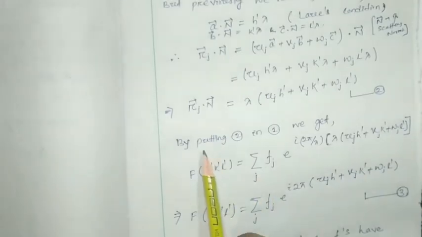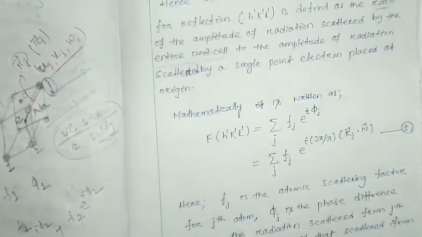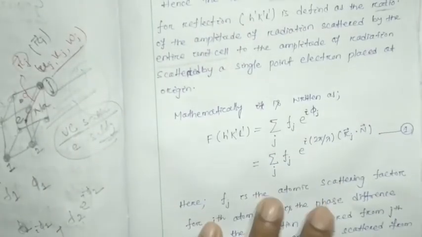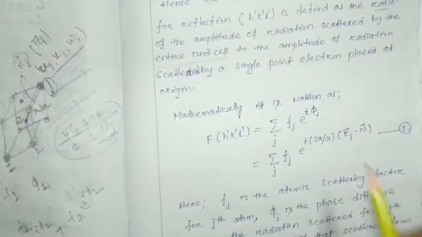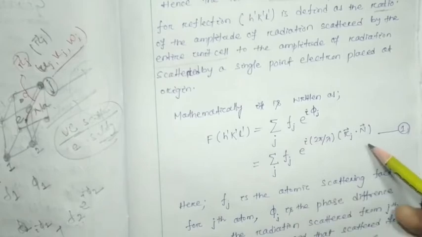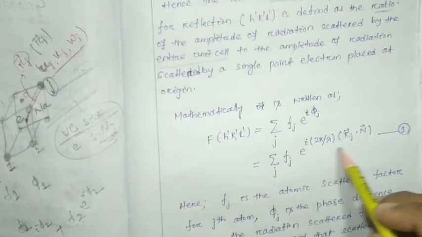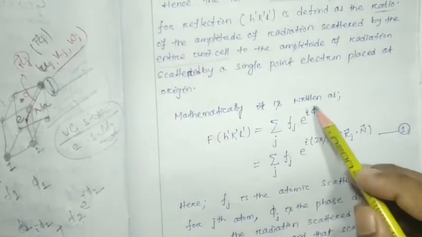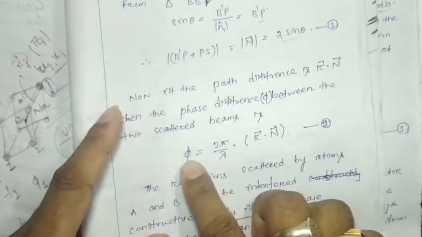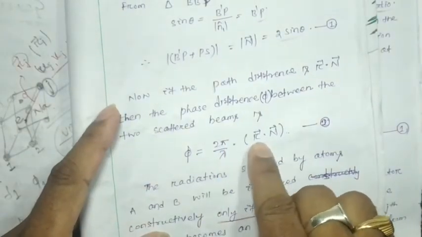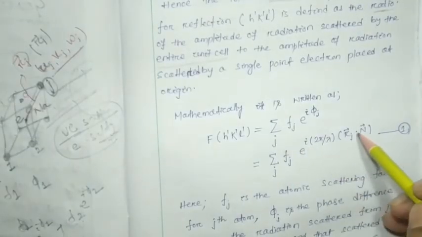Now by putting equation number 2 in equation number 1, what are we going to get? In equation number 1 we have also written the form with e to the power, because we know that phi j is the phase factor, that is 2 pi by lambda rj dot n.